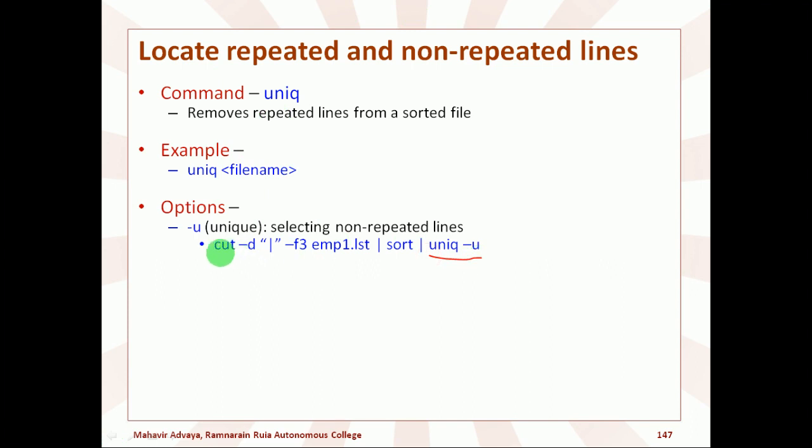Now what this command does is we are using three commands here. So cut -d with pipe and -f3 will cut the third column of the file emp.lst. The output of this will be redirected to the sort command, and after sorting the data, the uniq command will execute. So let's have a look how this command works.